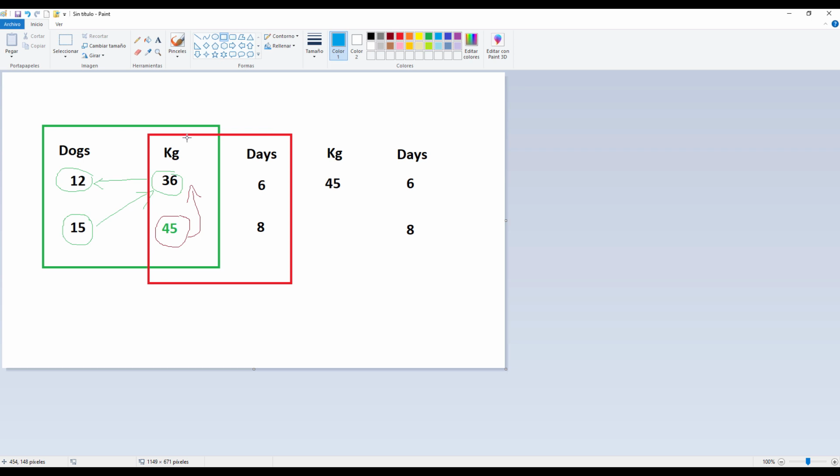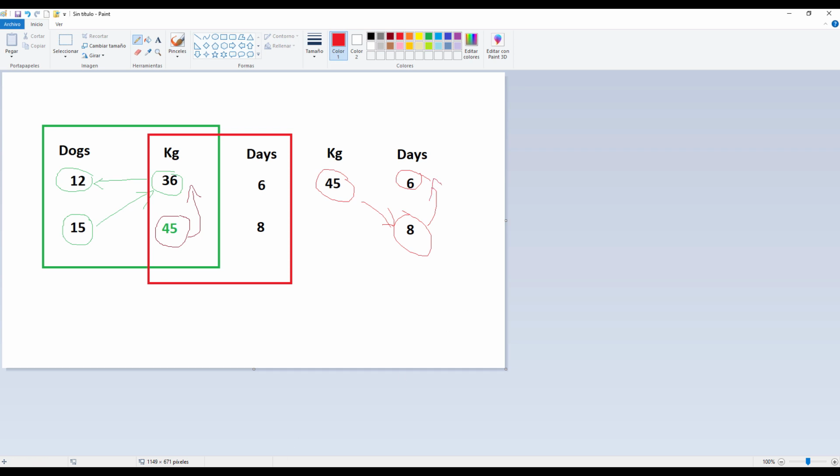Now you need to organize again and create another table, but you need to move the information to the row where you are working with all the information that you have. Now it's again another simple rule of 3.